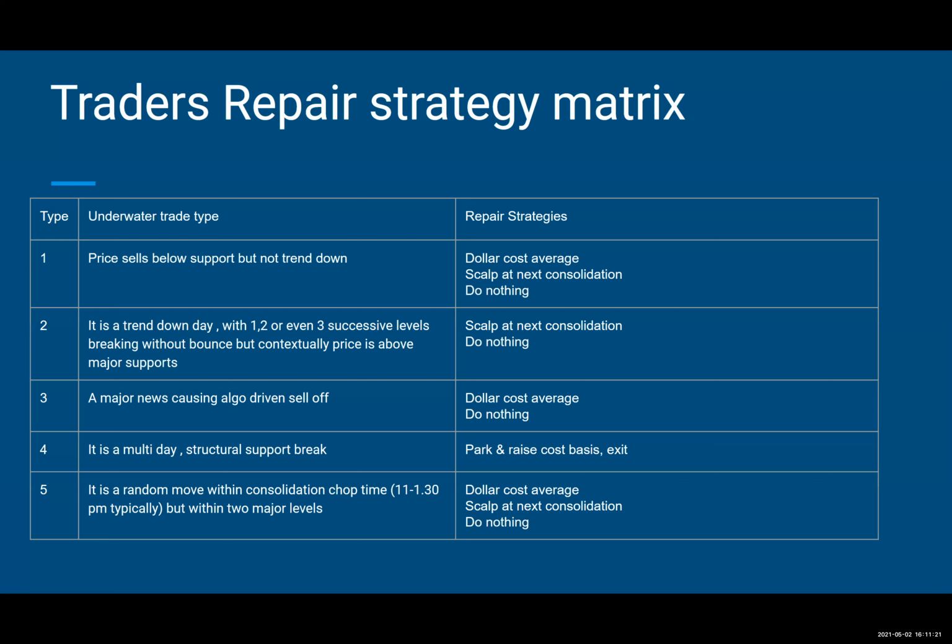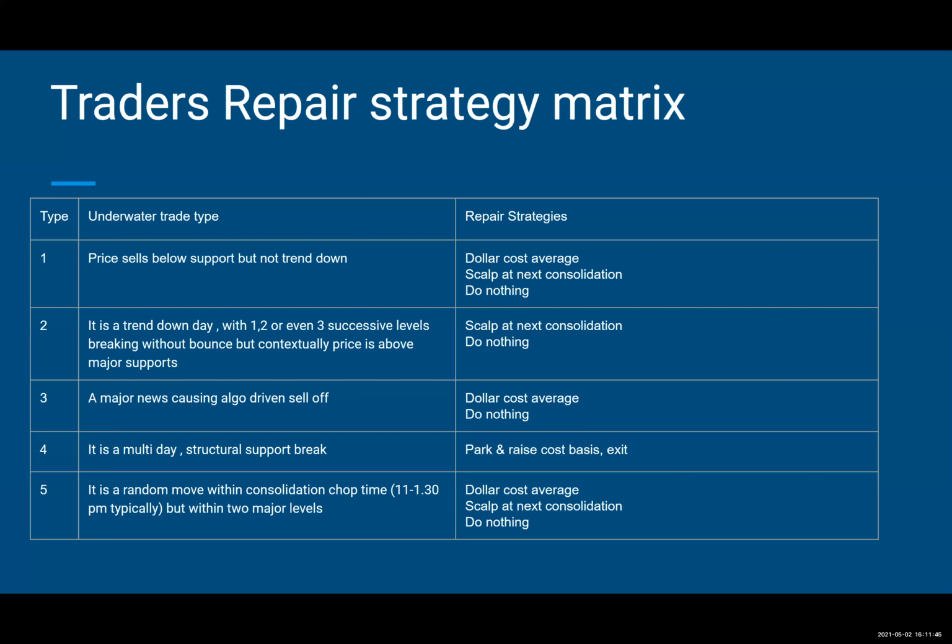Then the next one is a major one, where a multi-day structural support break happens. For example, right now ES is holding 4742 and the 4170s very strongly. And let's say the 4100s are lost, it could sell another 100 points more.